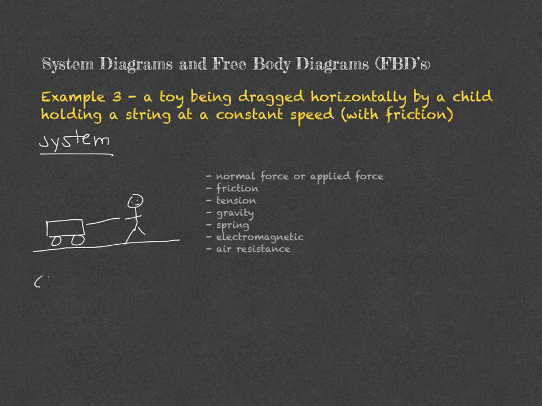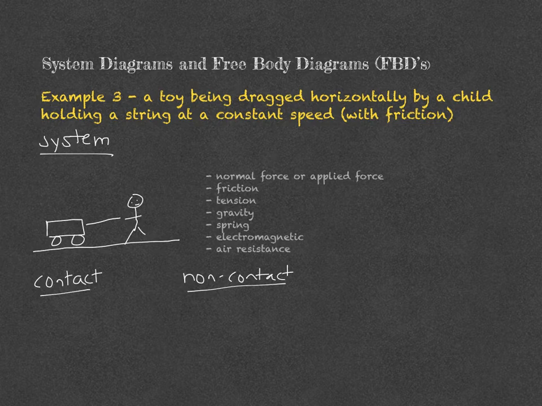I want to look at what forces are present, both contact and non-contact, so that I can do my free body diagram with those forces. So let's go through the list. I'm going to start with gravity again, and we're only interested in this toy right here.